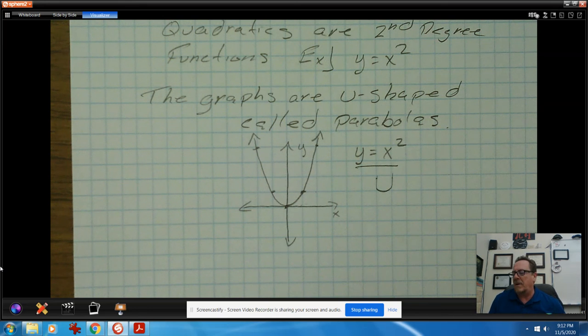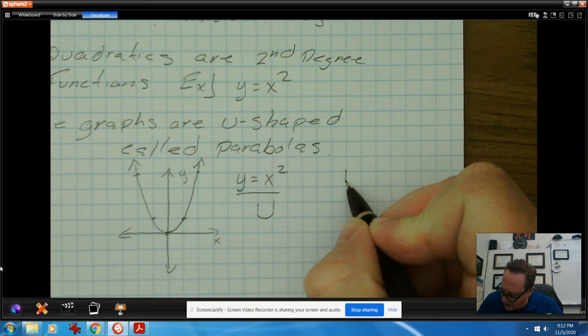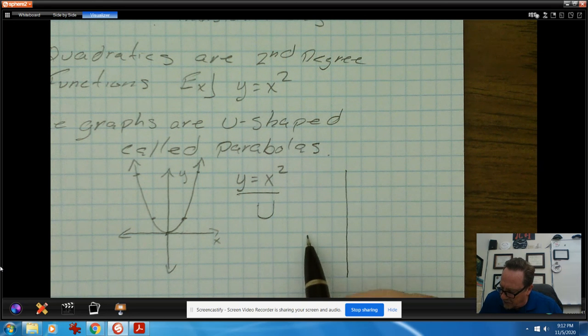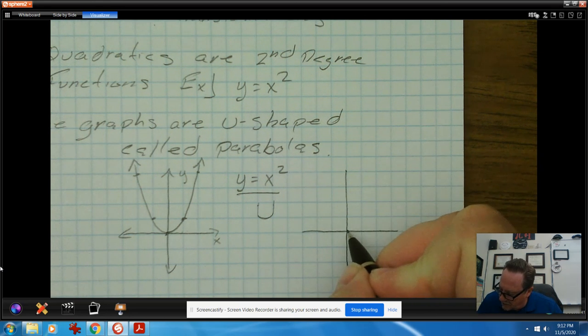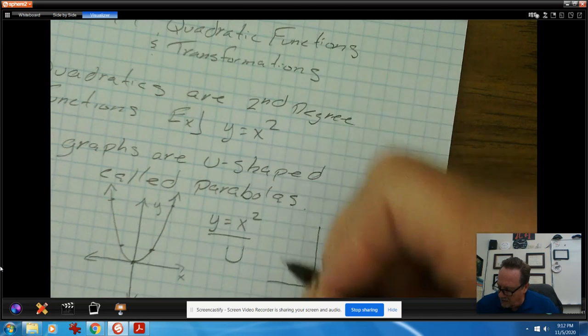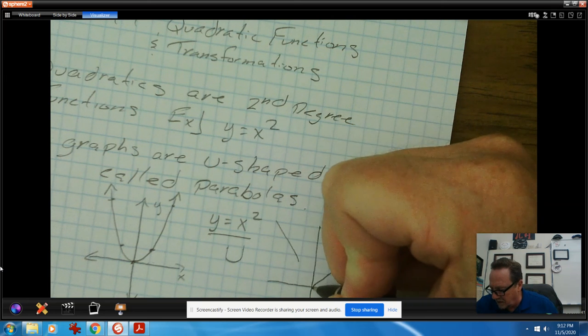And I want you to think about how this is similar to another shape that we've looked at. I'm going to graph that one over here. We've looked at V shapes. That didn't draw out very well, did it?